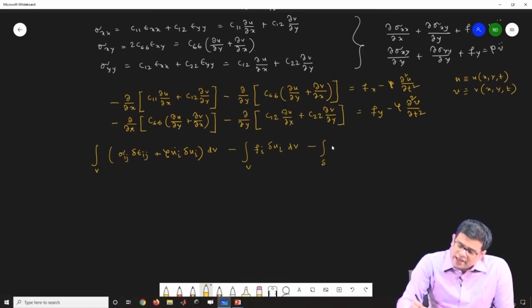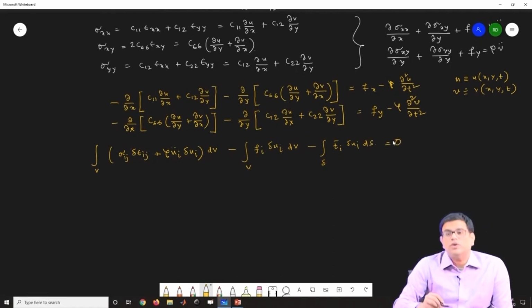So that will be T bar i delta ui dS over the surface. So this quantity is actually 0. Here the variation is actually of the displacement. From the variation of the displacement we can carry out the variation of the strain. That is simple, because you just have to take the derivative.